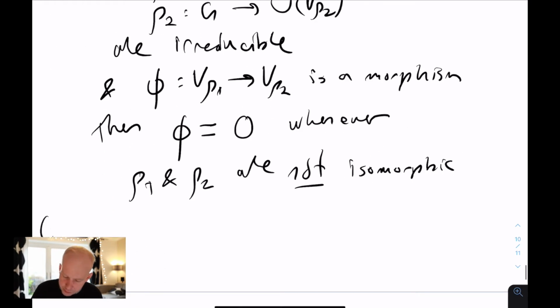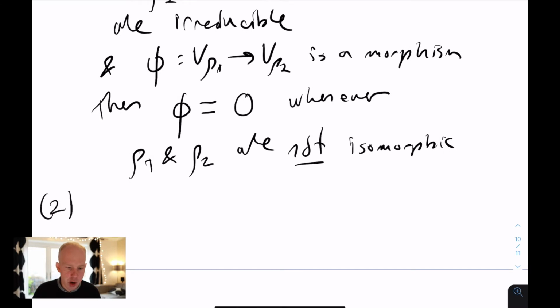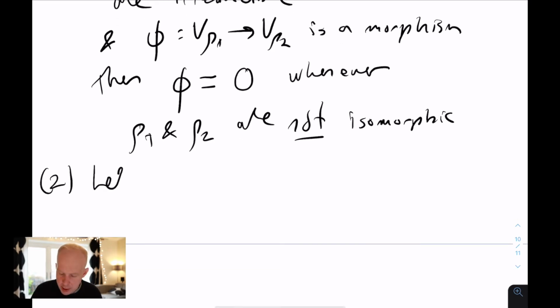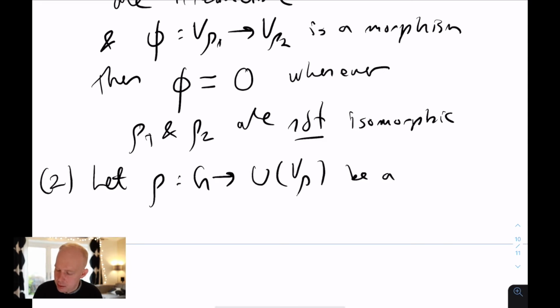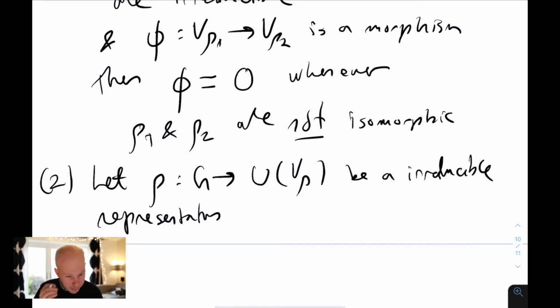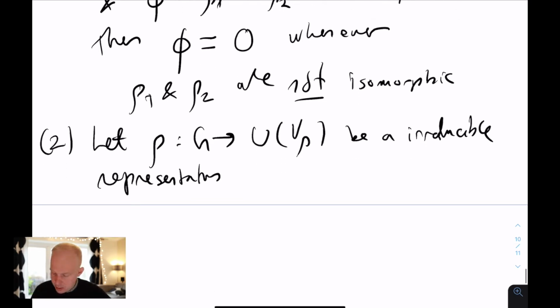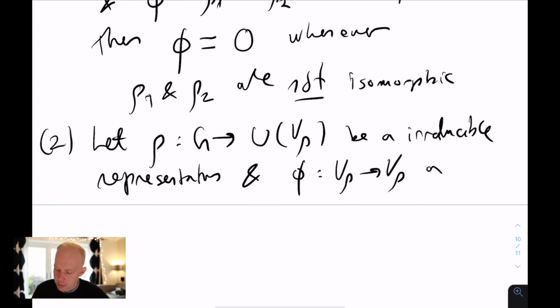And the second part is the case when rho 1 and rho 2 are the same. So let me write down this version. Let rho from G to GL, let's take the unitary matrices, V rho, be an irreducible representation, and phi from V rho to V rho a morphism.